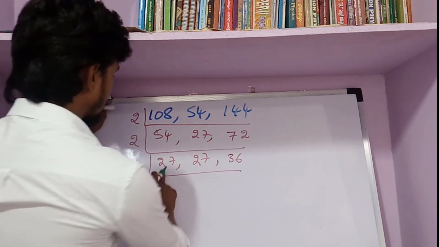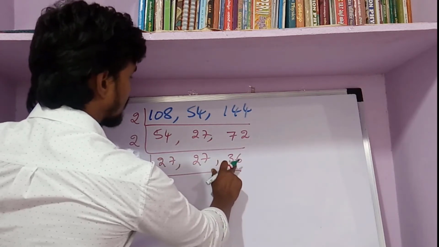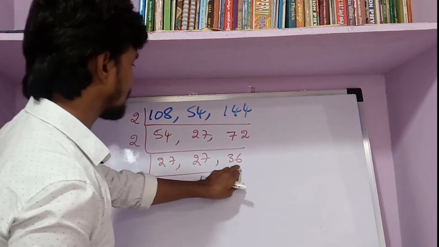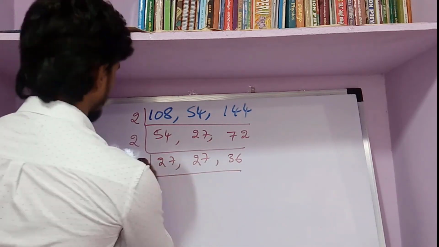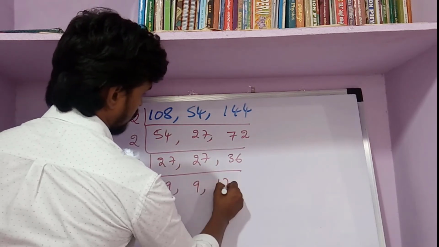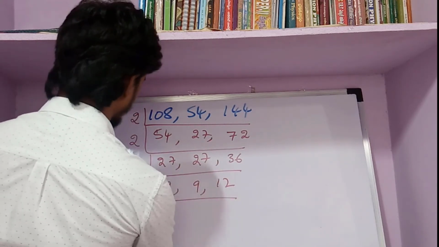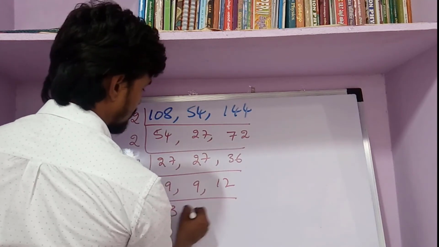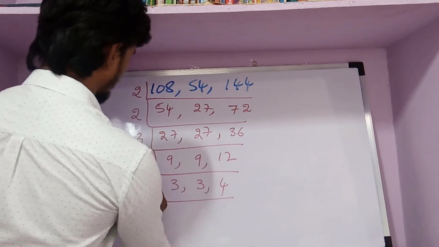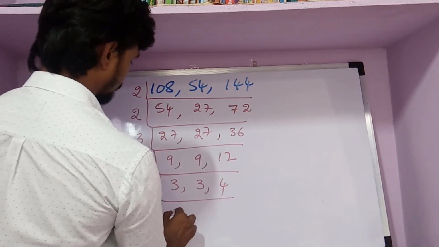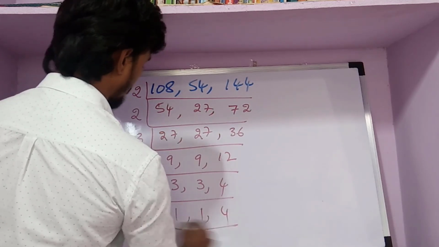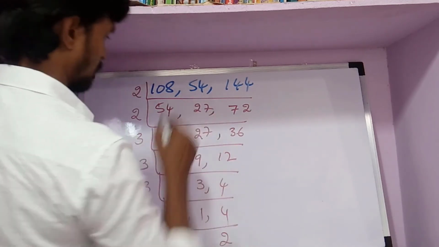Now these three numbers can be divided by 3. So 27 is divisible by 3 and this number is divisible by 3. Again 3, and again 3. Now 4 we can write as 2 2.